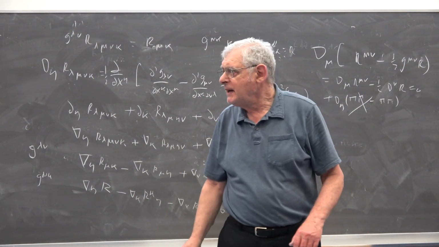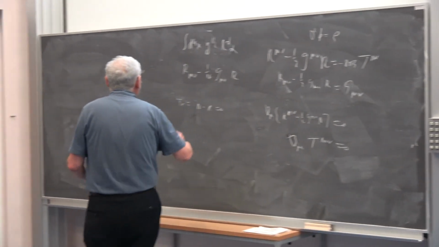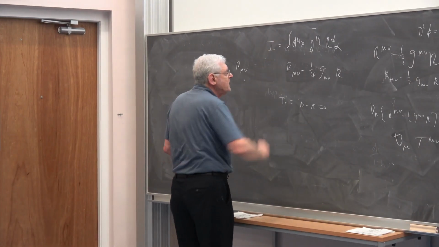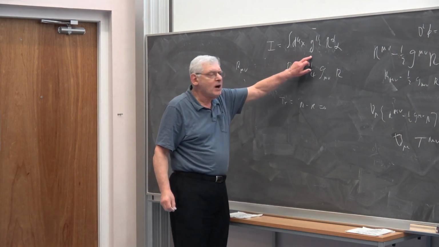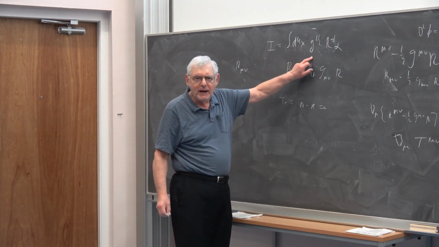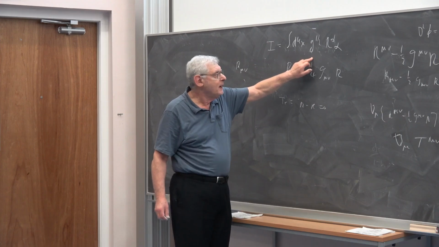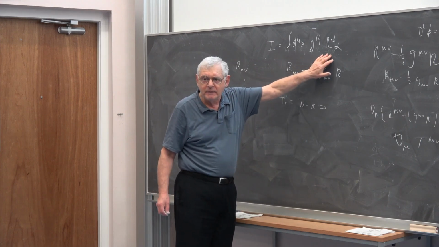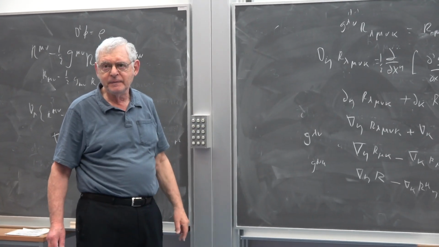If I take this action, the action of gravity must be a general coordinate scalar. Now what do we know? We know that g to the half has to be there to make the d4x general coordinate invariant. That's the measure, that's the Jacobian. And then it has to be a general coordinate scalar. The only scalar we can build out of the Riemann tensor is the Ricci scalar.